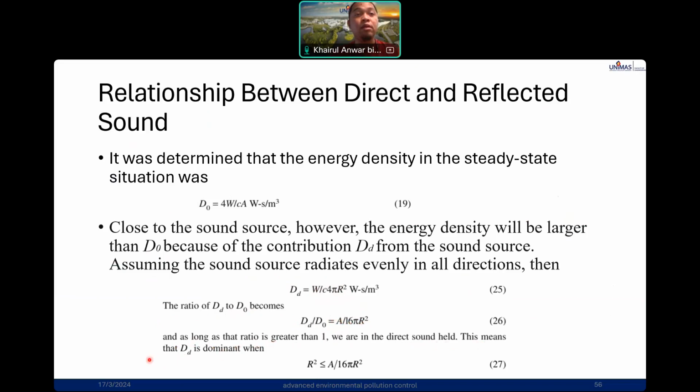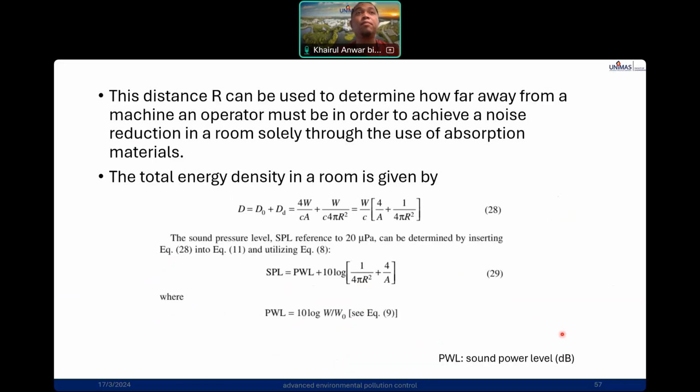This means that the direct sound is dominant when R squared is less than A over 16 pi. This distance R can be used to determine how far away from a machine an operator must be in order to achieve a noise reduction in a room solely through the use of absorption material.